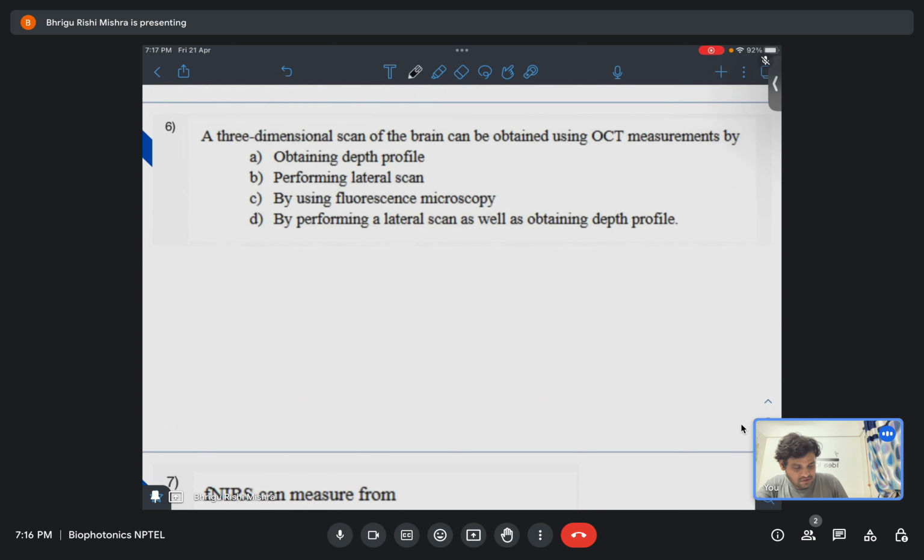So the depth profile is 1D, and the lateral scan is 2D on the xy plane. Fluorescence microscopy is also not part of this OCT measurement. So the correct option is D, by performing a lateral scan as well as obtaining a depth profile. From the lateral scan you will have a 2D profile, that means in the xy plane, and by obtaining the depth profile you will have a z direction image. So this will give you the 3D scan. Okay, so the correct option is C.